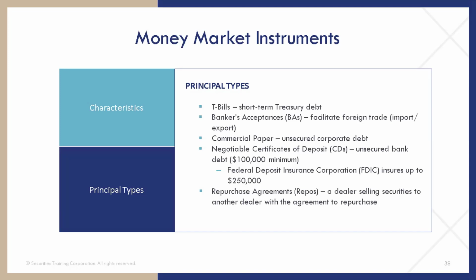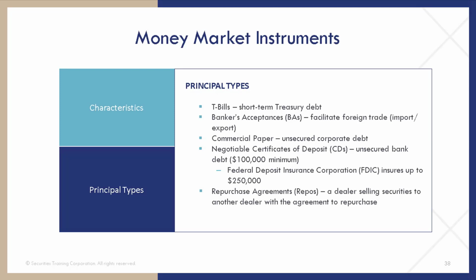It then trades in the secondary market at a bit of a discount to that face amount, the difference being the buyer's interest. The big thing I want you to know is just that a banker's acceptance is a money market instrument. It's a short-term debt instrument, often created by foreign trade. Commercial paper is a short-term unsecured obligation of a corporation.